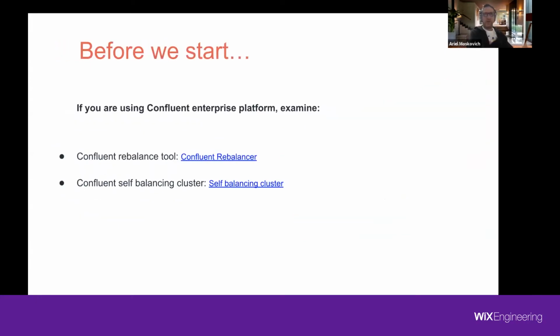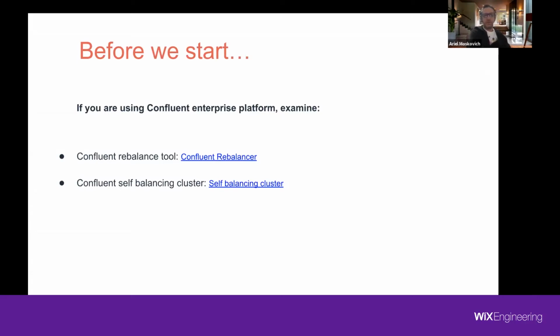So before we start, if you find this process valuable and you are using Confluent Enterprise Platform, I want you to know you already have tooling that is ready for you. If you're using an older version, there is the Confluent Rebalancer tool.